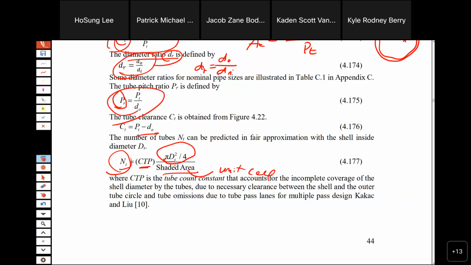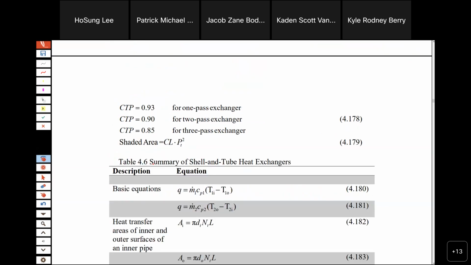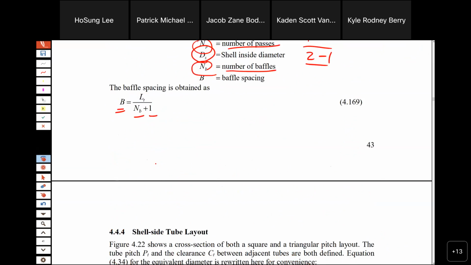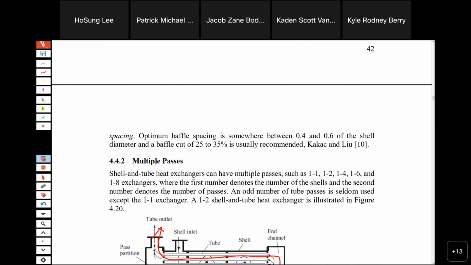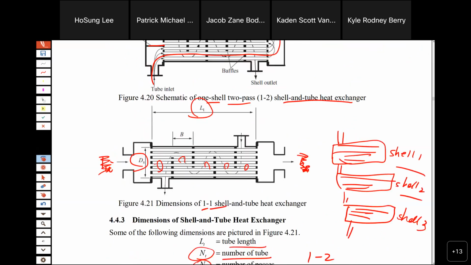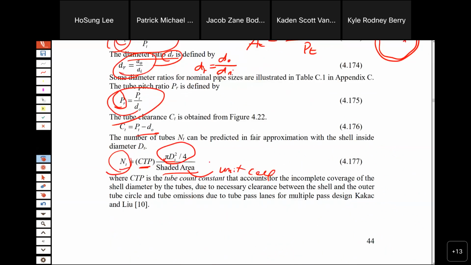But there is also CPT, the effect of the header. Is there any clear figure? There's none. The CPT is, for example, this is DS, and then there are the tubes.